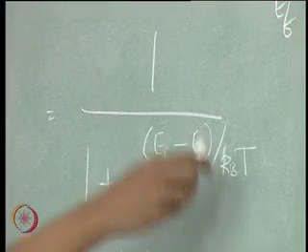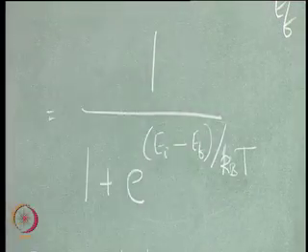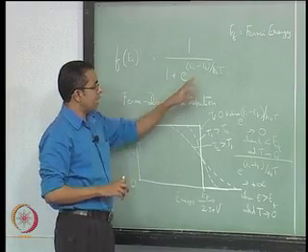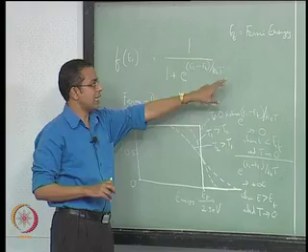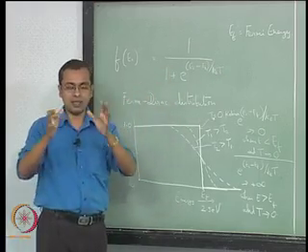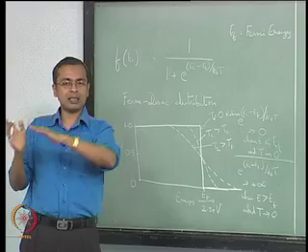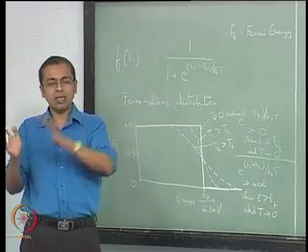Because you have some finite numbers here, this is also going to have numbers between 0 and 1. That is how this function is going to change, and as the temperature goes to higher and higher values, the range of energy values over which you see this gradual transformation from 1 to 0 is going to increase.